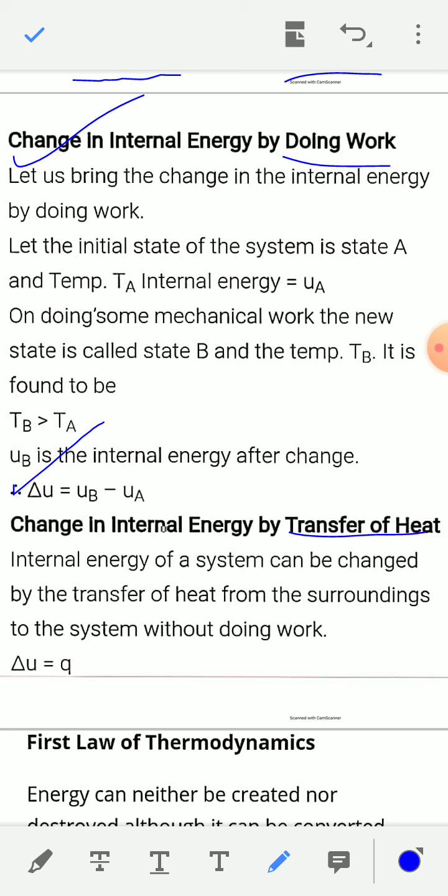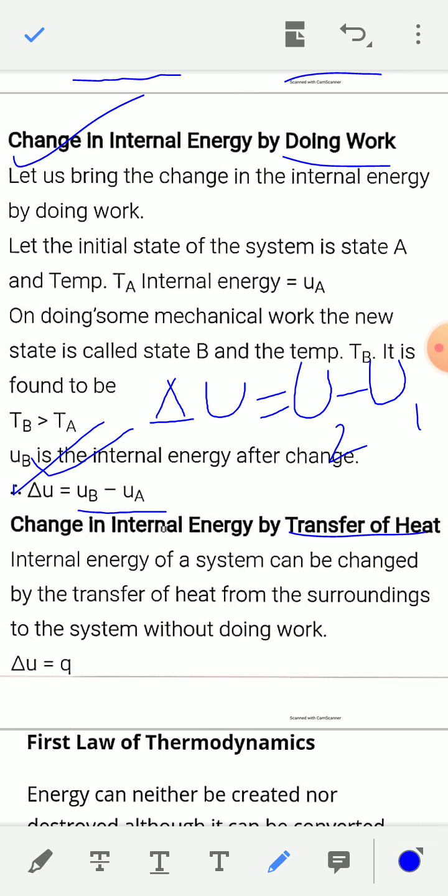Suppose internal energy of the initial state is U1 and internal energy of the final state is U2. Then change in internal energy, delta U, is equal to U2 minus U1.